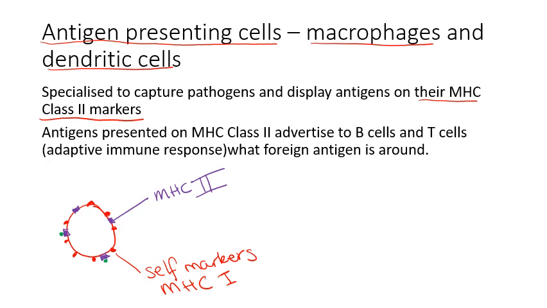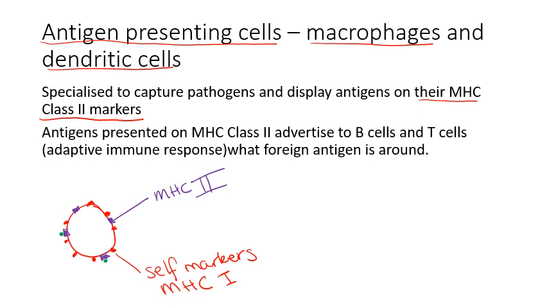And the function of doing that is so that these antigen presenting cells can take this message or this non-self antigen to the more specific cells of your immune system.